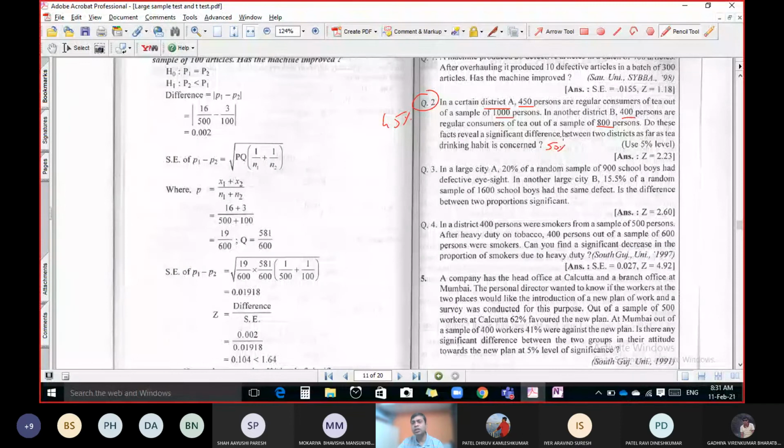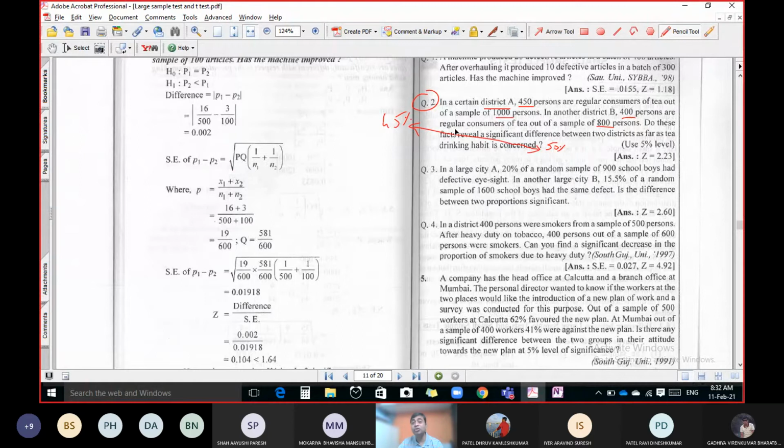Now the question is, does this fact reveal a significant difference between the two districts as far as tea drinking habit is concerned? This is the sample data, and from this sample we have to think about the population. So can we say that whatever the difference is here, it is negligible or significant?